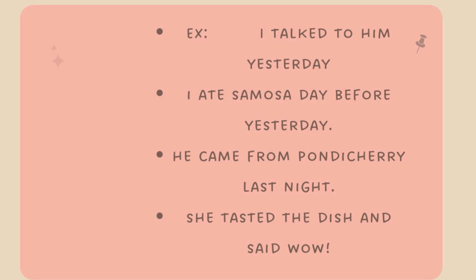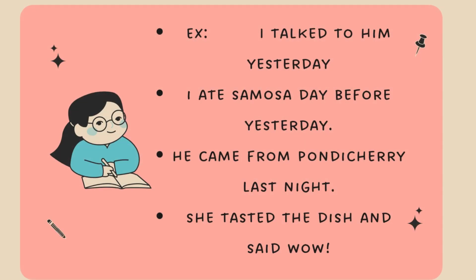Like this. Some example sentences: I talked to him yesterday. I ate samosa day before yesterday. He came from Pondicherry last night. She tasted the dish and said, "Wow, wow." These sentences are in simple past tense.